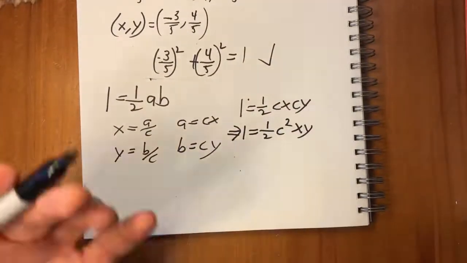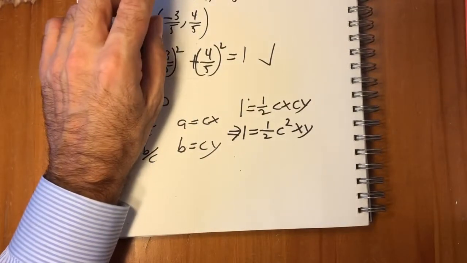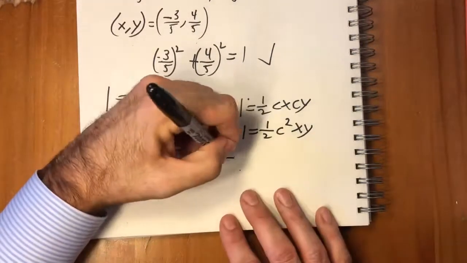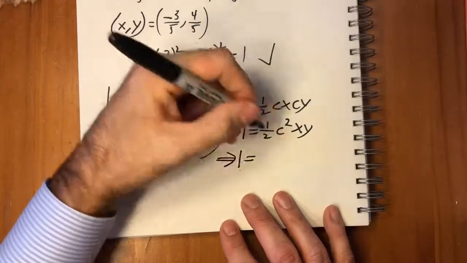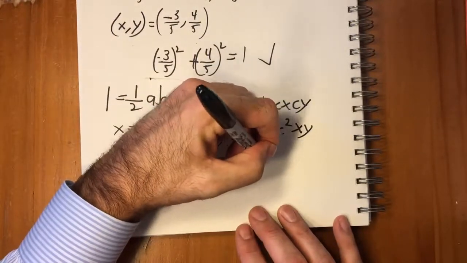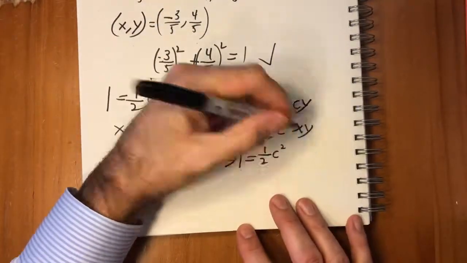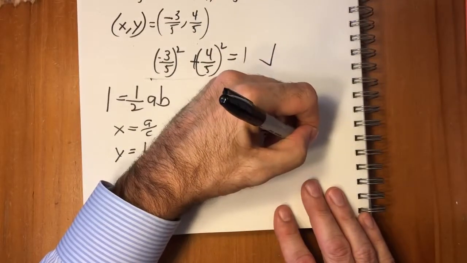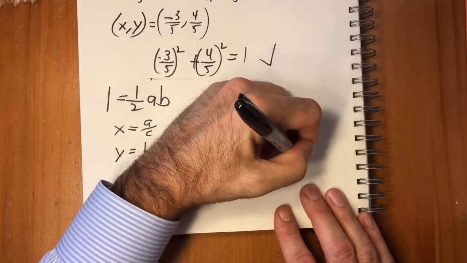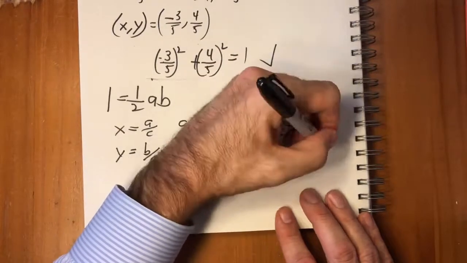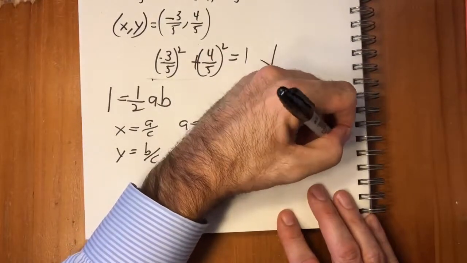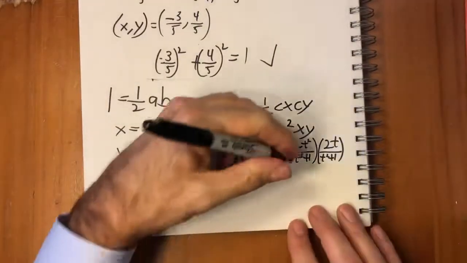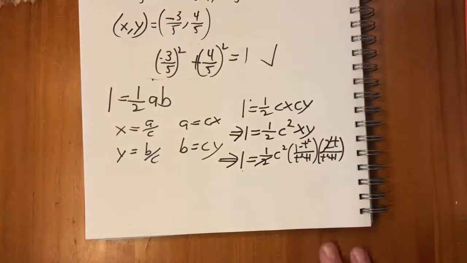Now, if we plug in our values in terms of t for x and y, we get that 1 equals 1/2 c squared times x, which is 1 minus t squared over t squared plus 1. y is 2t over t squared plus 1. So first we can immediately cancel the 2's.